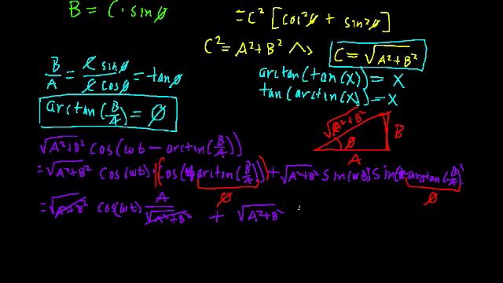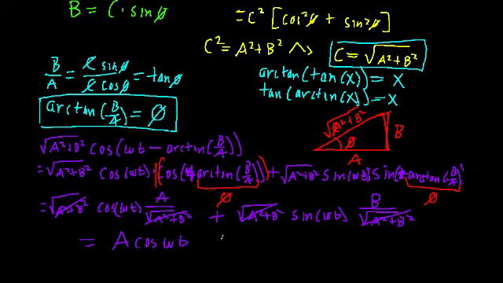Then we get sine omega t. Now this whole mess is equal to, as we said, b divided by square root of a squared plus b squared. And lo and behold, once again, the two radical terms cancel. So what are we left with? We're left with a cosine omega t plus b sine omega t, which is what we want to show.